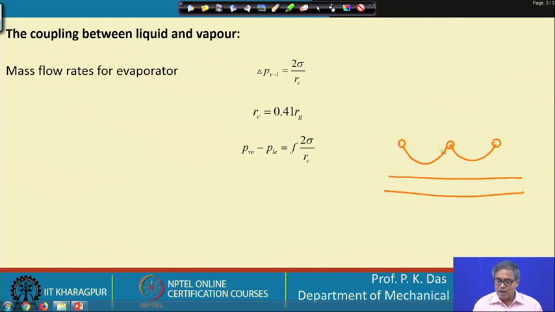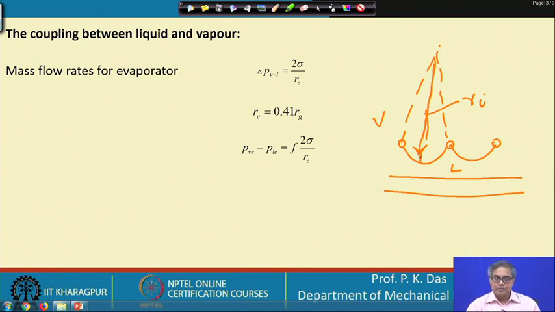This is the evaporator wall, this is the porous structure, and this is the curved interface. This is your liquid and this is your vapor. Here we get the curved interface, with some radius of curvature, which is R I.